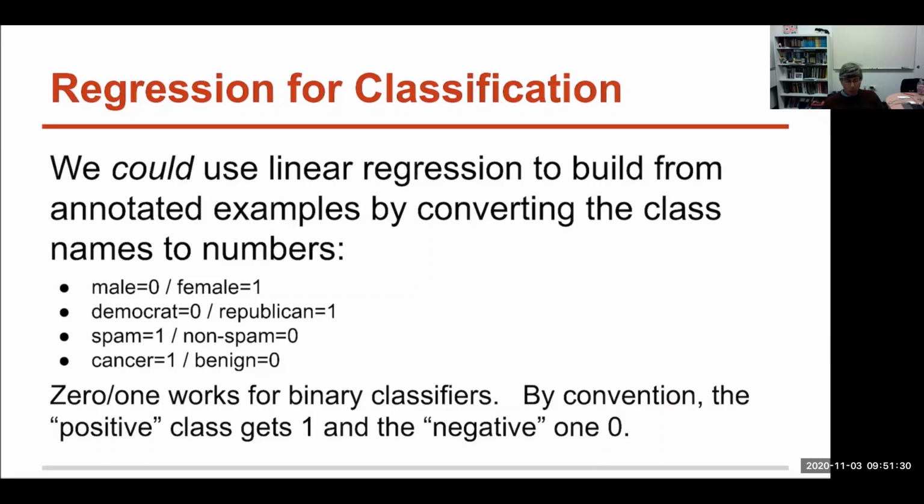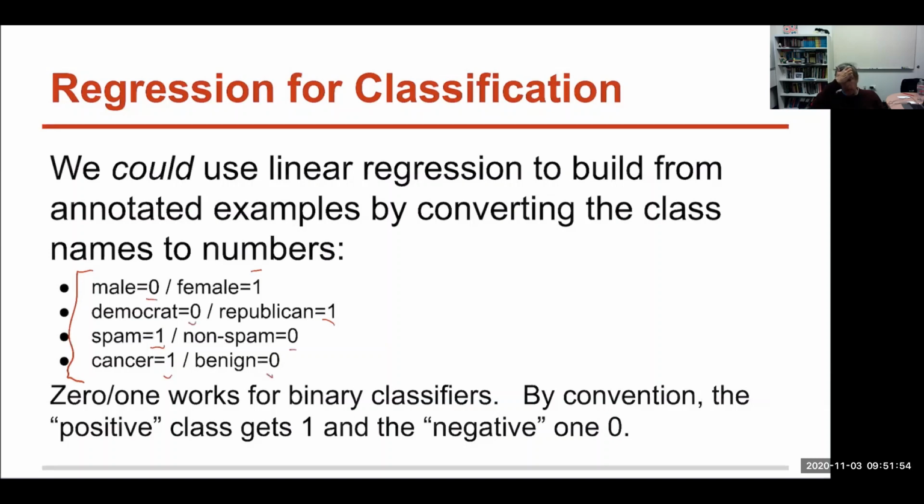We could take our two classes and, in the case of binary classification, assign each of the so-called positive class members labels of 1, and the negative classes labels of 0.